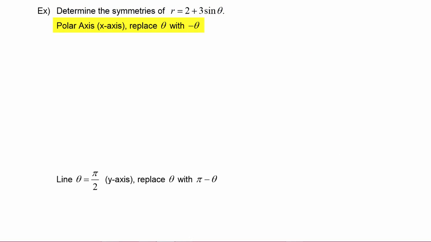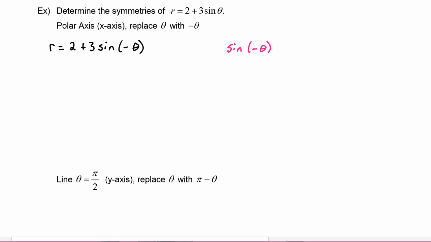To test for polar axis symmetry, we know that we will replace theta with negative theta. So our equation becomes r is equal to 2 plus 3 times the sine of negative theta. We have an identity that says that the sine of negative theta is equal to negative sine theta.